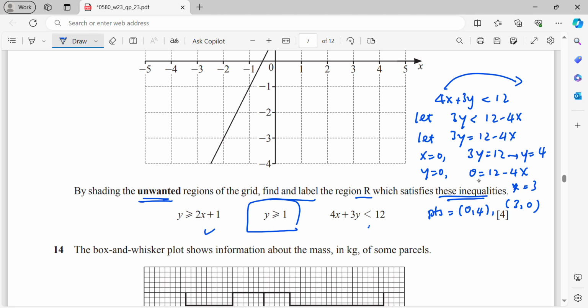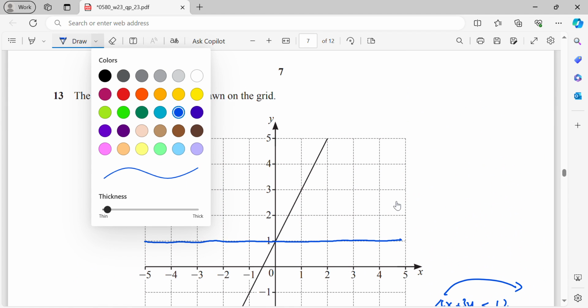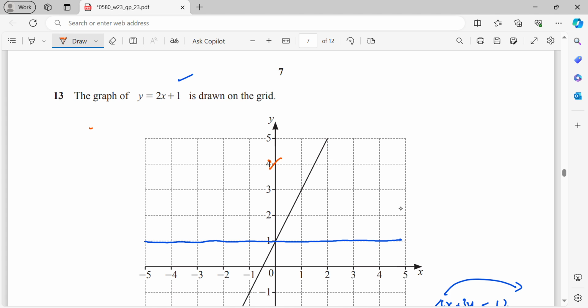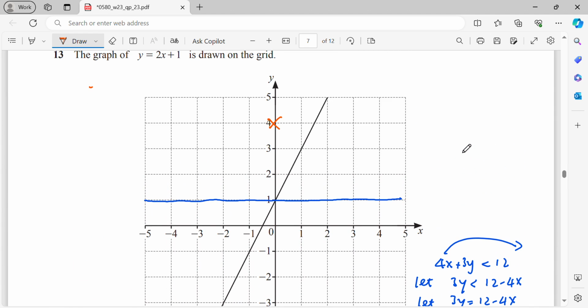Okay, so now I will mark these 2 points: (0, 4), and then another point is (3, 0). So when x is 3, y is 0. Now use a ruler to join these 2 points. Here I simply draw, but for you, please draw using these 2 points with a ruler.